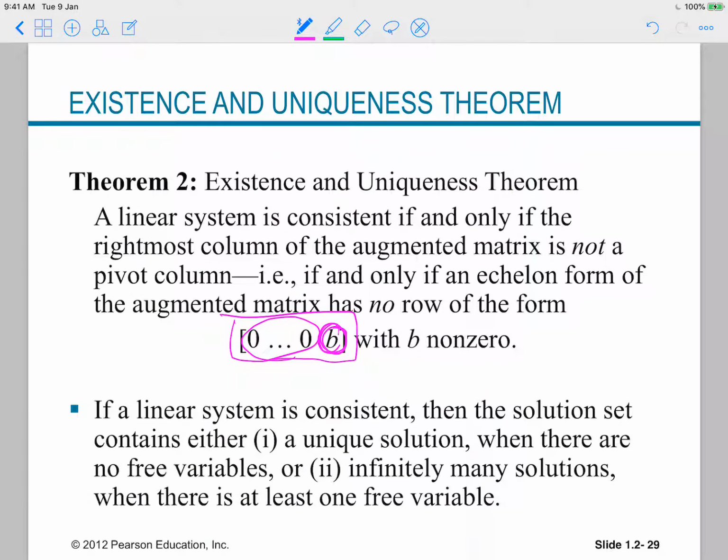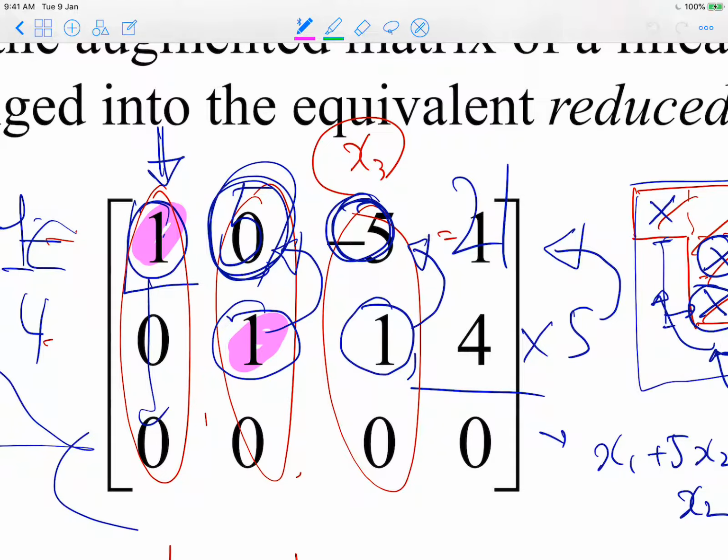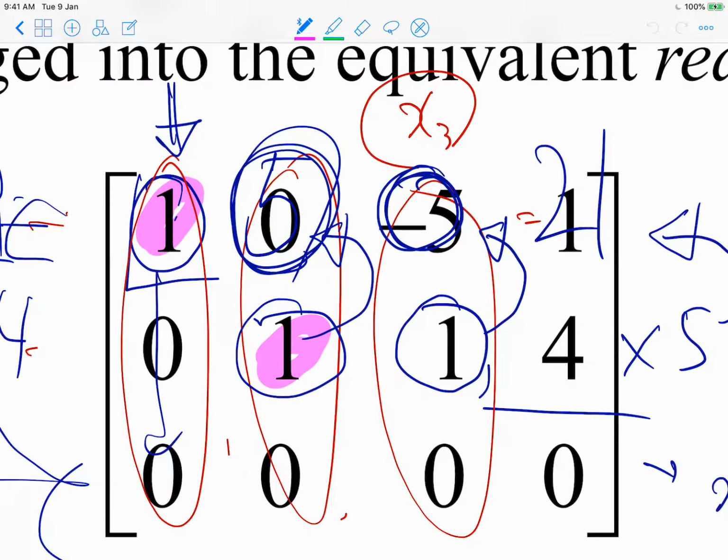So once we obtain this reduced echelon form, as we see, these pink ones are pivot columns, or the columns containing pivots, and those correspond to basic variables. And this one, which doesn't have any pivot, corresponds to a free variable.